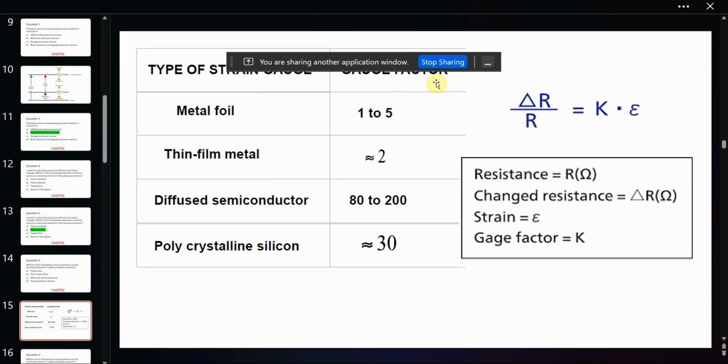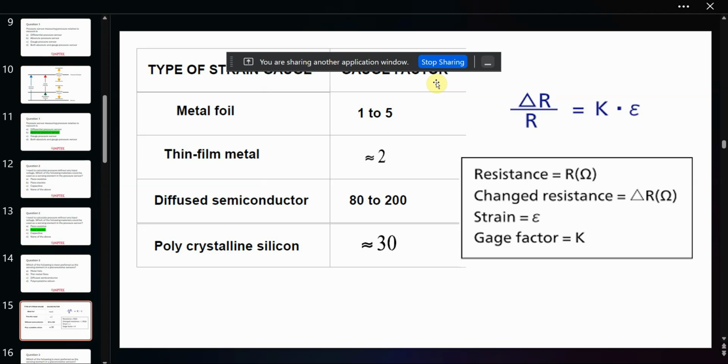If you apply 1 millimeter of strain and the gauge factor is very low, you will have to apply more strain.